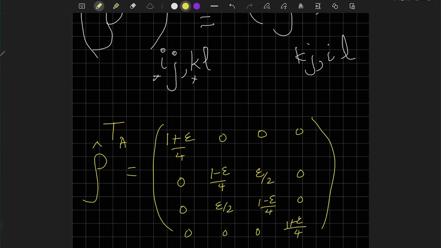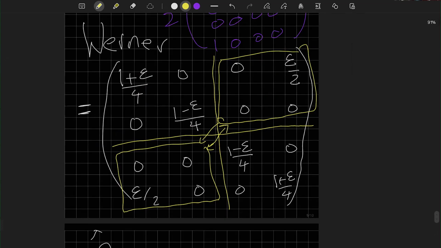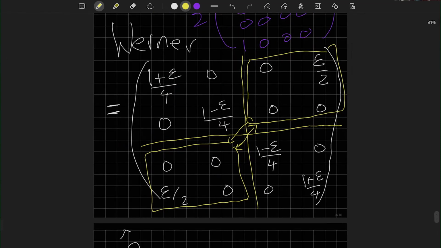This is my partially transposed matrix from the original. So you just compare, look at the original. I just take this block and put it here, and this block I put it here. So this epsilon over 2 comes here, this epsilon over 2 comes here. There were zeros in this position, now we have epsilon over 2 over here. The other terms remain the same.